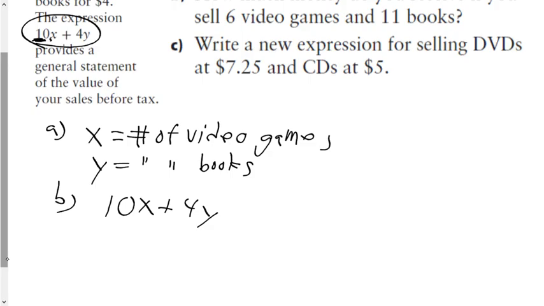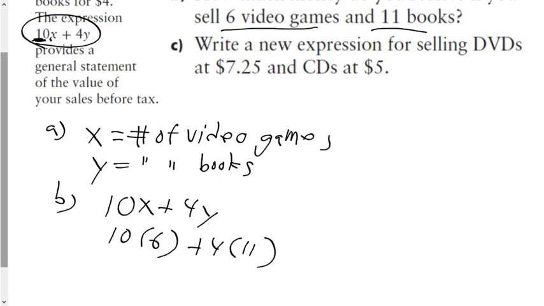Then you substitute 6 video games will become 6 for the x, 11 books will become 11 for the y. You substitute it, and then once you have no variables left, you just have a BEDMAS expression. 60 plus 44, 104, and therefore you would make $104 if you sold 6 video games and 11 books.